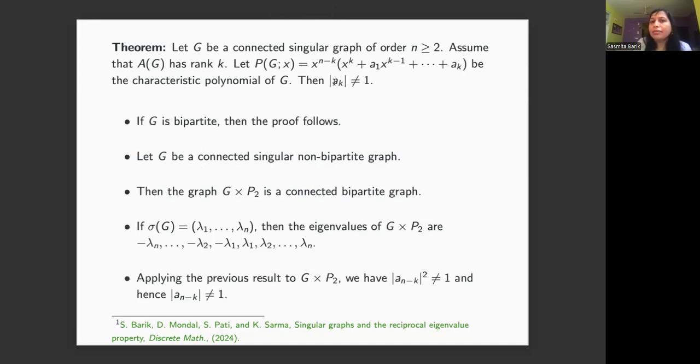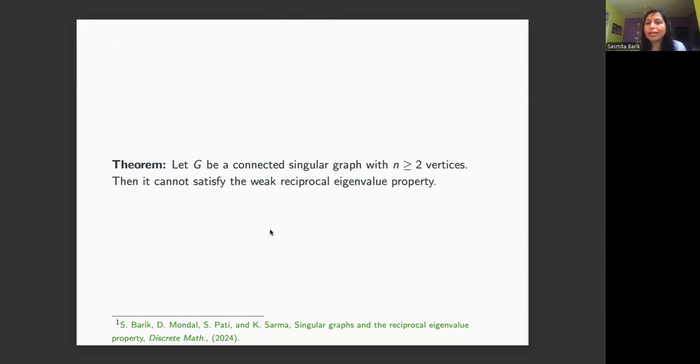If it's a singular graph, then the last coefficient cannot be plus 1 or minus 1. And using this, we could prove that if G is a connected singular graph, then G cannot satisfy the weak reciprocal eigenvalue property. So there is basically no non-trivial singular graph for which the non-zero eigenvalues satisfy the reciprocal eigenvalue property.